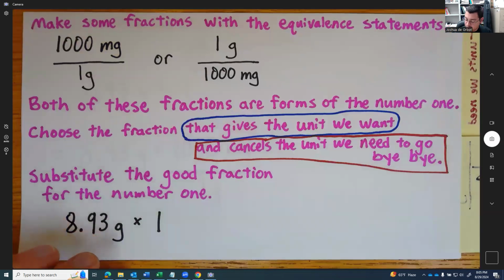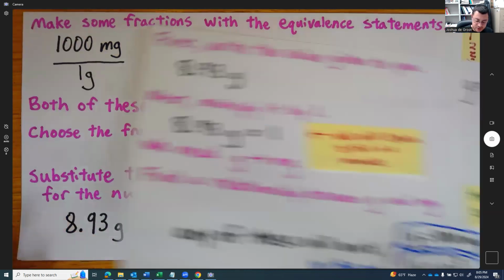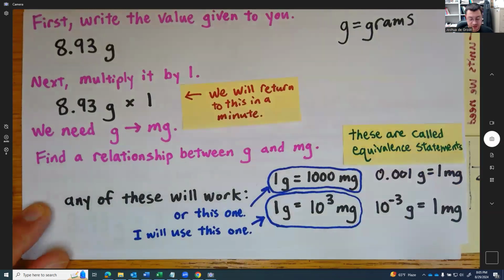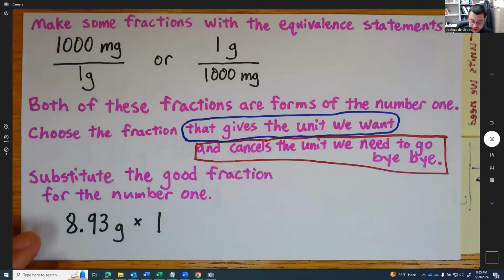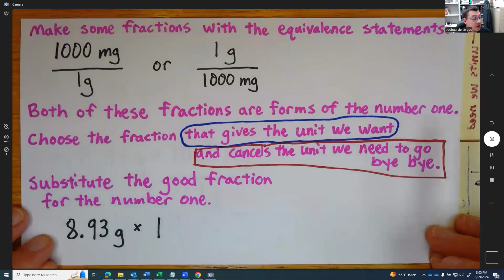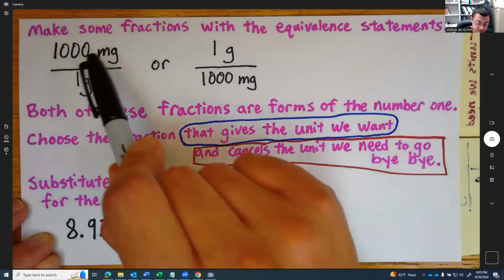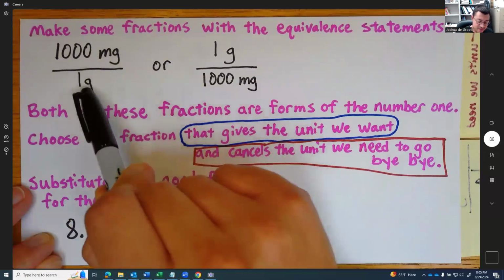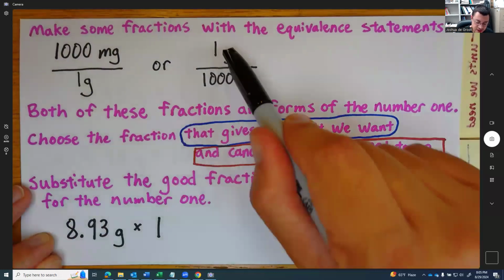So with the equivalence statement that I chose earlier, 1 gram equal to 1,000 milligrams, I made 2 such statements. I have 1,000 milligrams divided by 1 gram. Or we could do the other way.